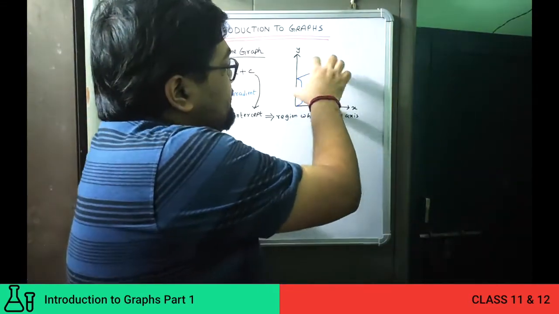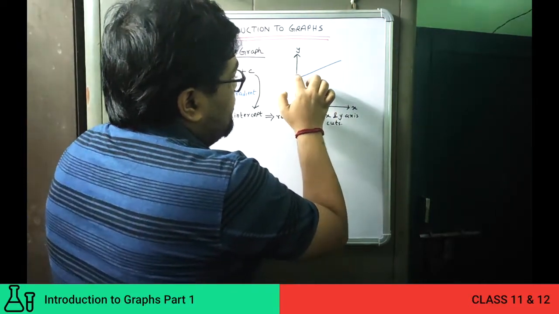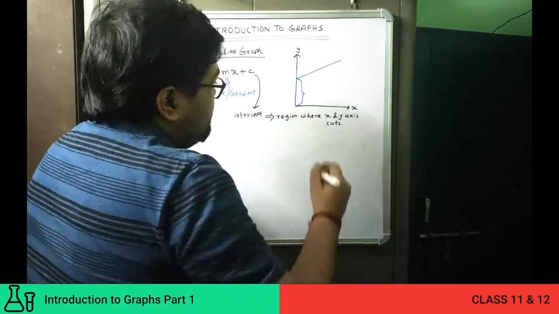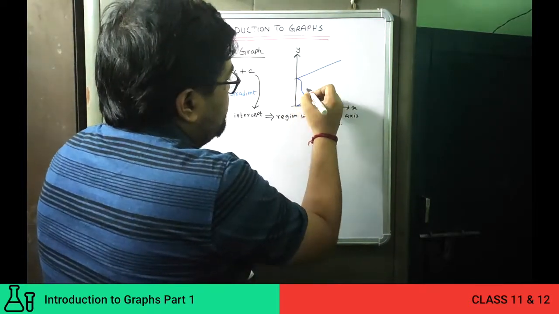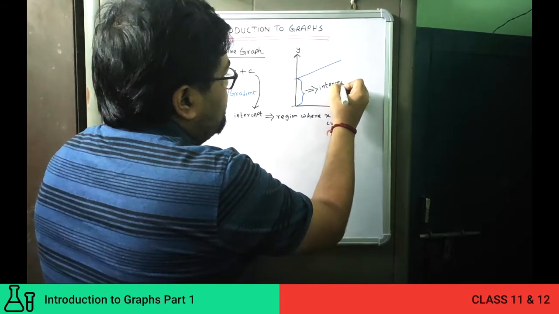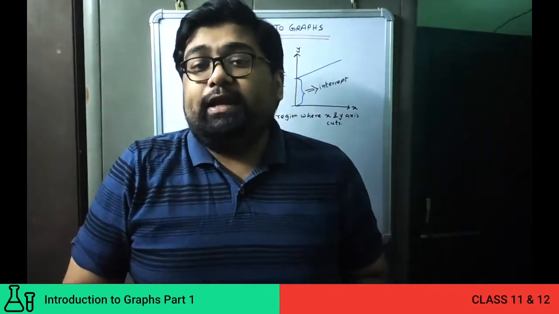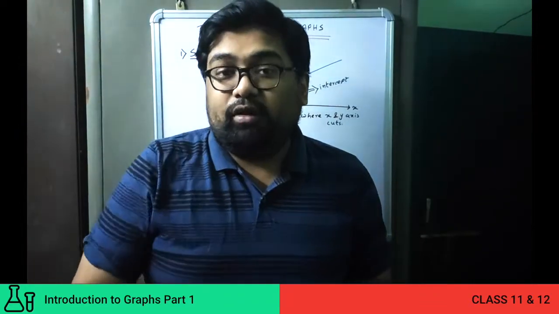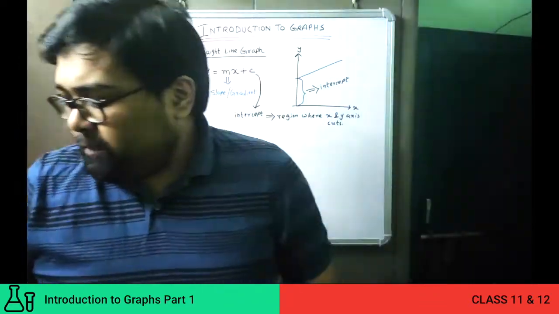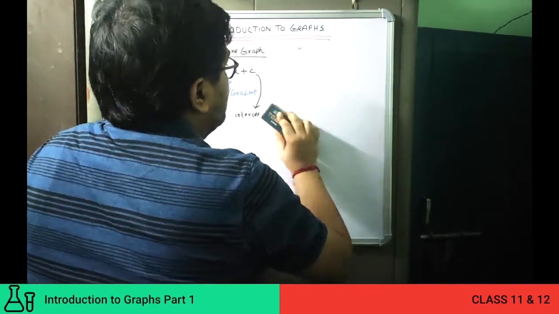So, in this graph, the region that the x and y axis cuts defines the intercept. So, this region is the intercept here. Okay. Now, we generally define intercept with respect to the positive y axis. Okay. So, let's discuss this intercept part in detail.